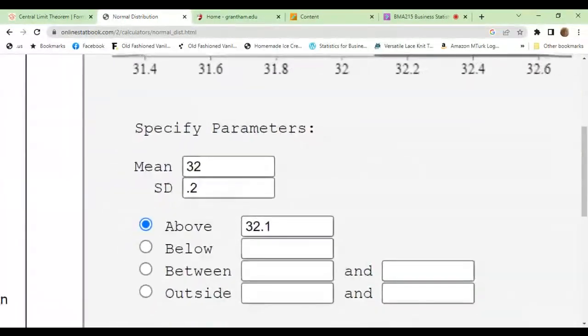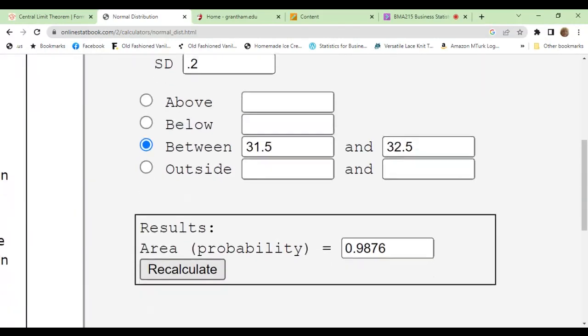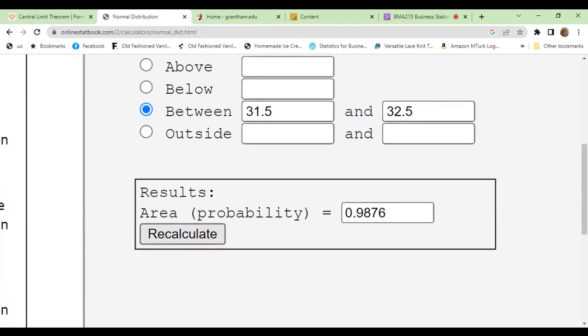Mean is 32, standard deviation is 0.2. I want it between 31.5 and 32.5. And it's 98.76% or 0.9876, however you want to answer it.